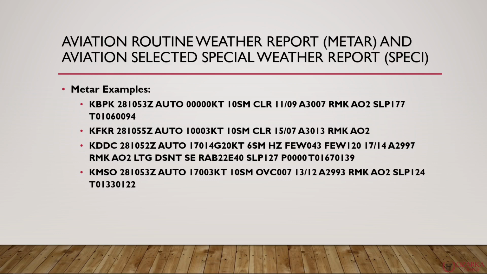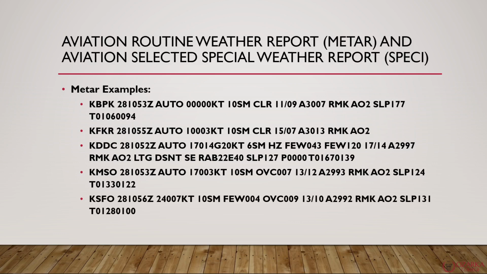The altimeter setting is 29.3. Remarks. It is a precipitation discriminating weather station. The sea level pressure is 1,012.4 hectopascals, and the actual temperature is 13.3 degrees Celsius, and the actual dew point is 12.2 degrees Celsius.